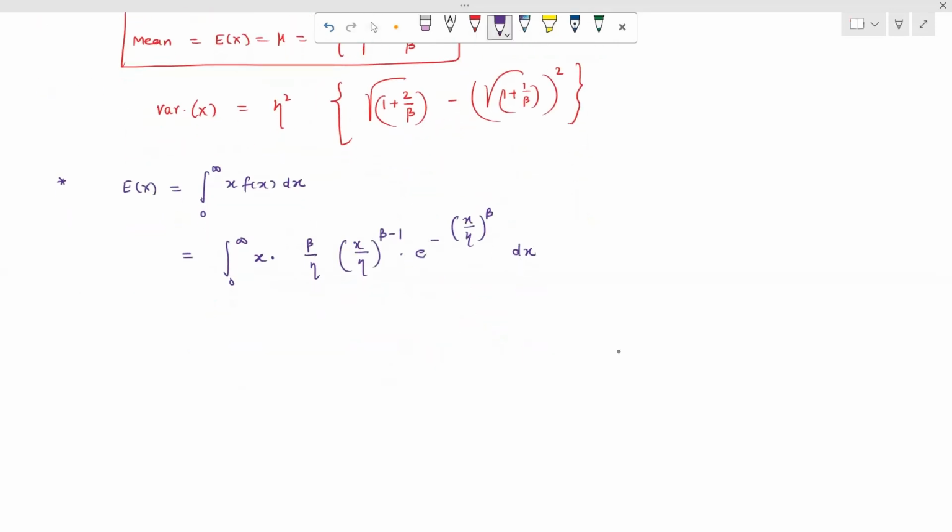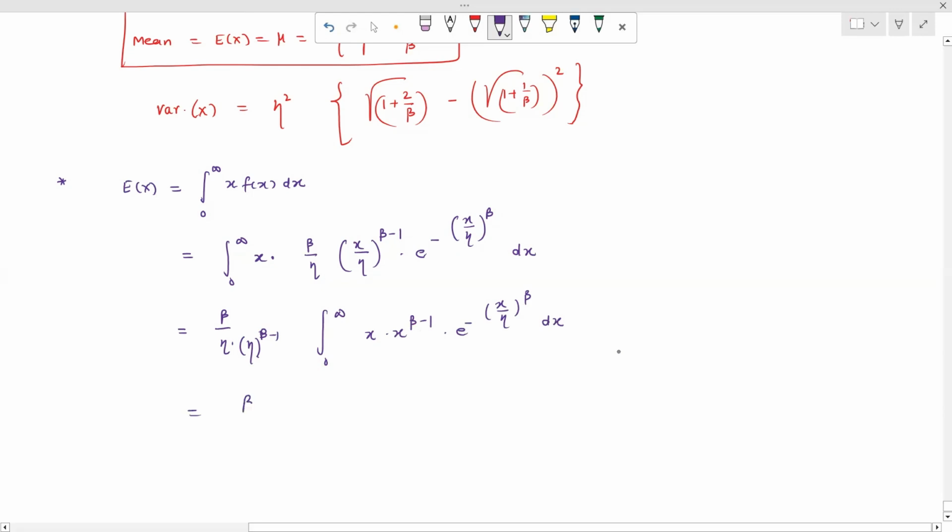Now beta upon eta can be taken outside the integration. We also have eta raised to the power beta minus 1, which we take outside. Now we write the integral in this form: x into x raised to the power beta minus 1 into e raised to the power minus (x upon eta) raised to the power beta, dx.